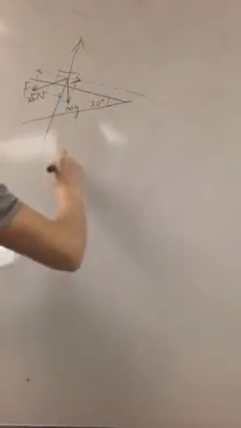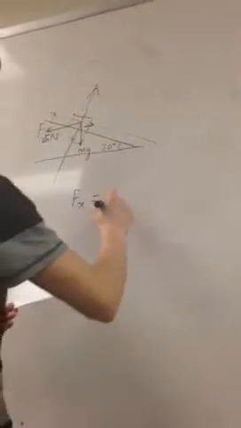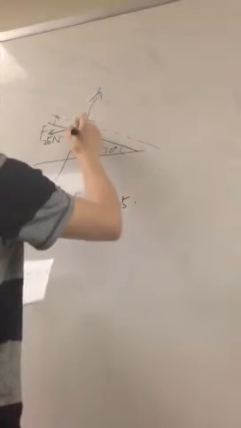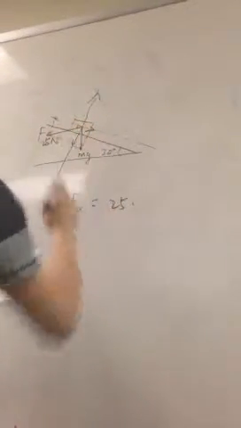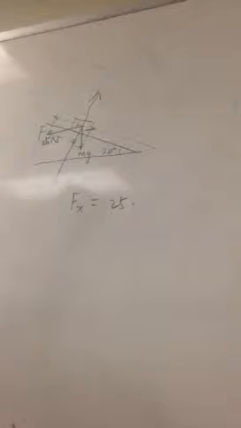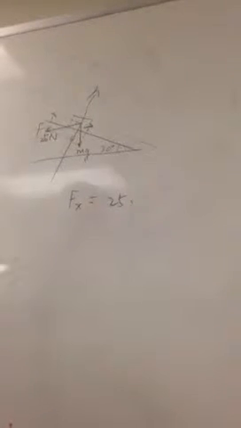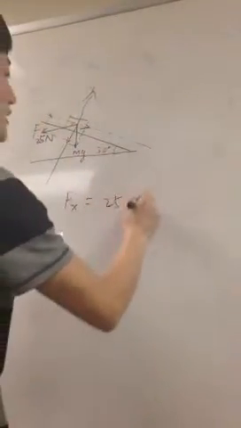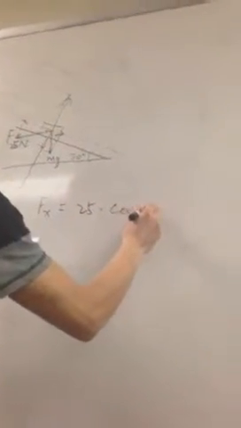So along the x, this force is equal to 25 times, because here is 30 degree, and it's cosine 30.